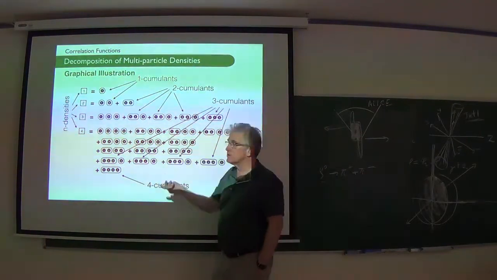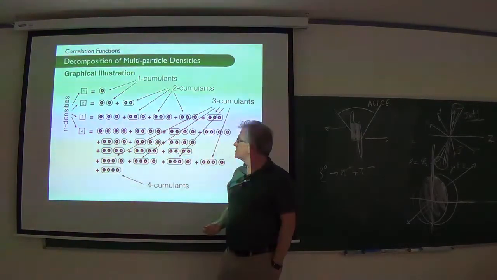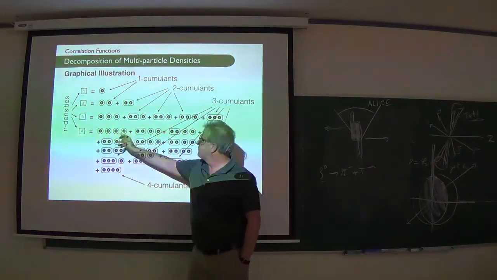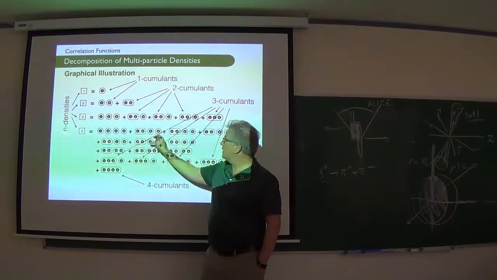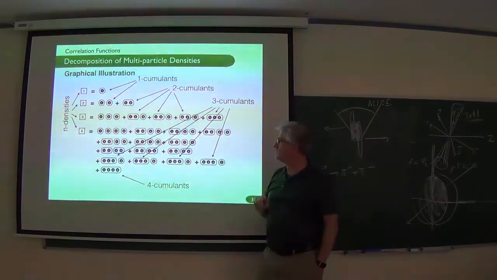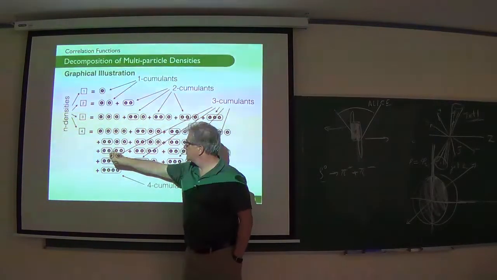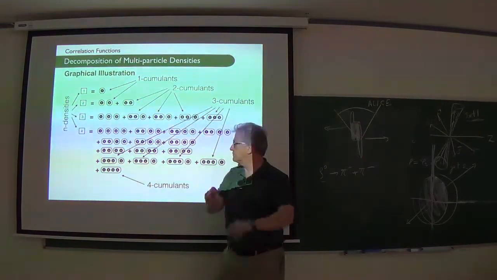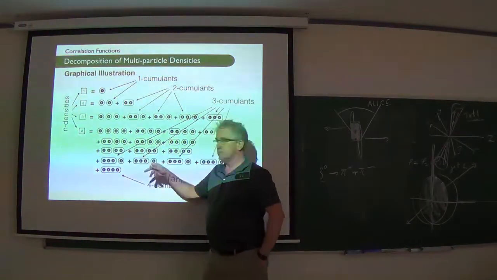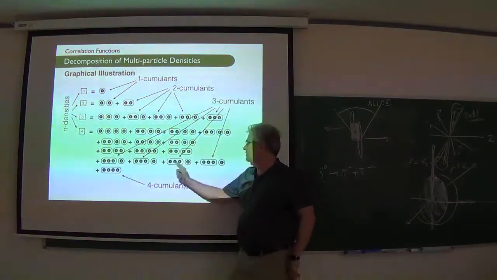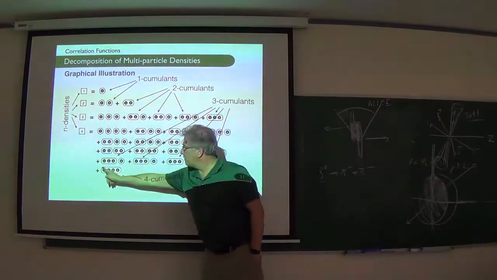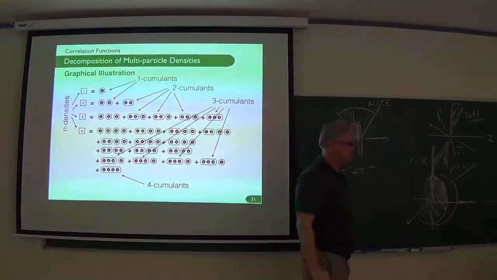Moving up to 4 particles, you can repeat this logic and see that it becomes a little bit more complicated. 4 uncorrelated, 2 in 1, 1, but there are different permutations of doing 2 in 1, 1. And then you have 2 correlated, but you can pair them differently. That's what you have here. And then you have 3 in 1, but you again have different ways of doing this, 4 ways. And then at the end, you have all of them being correlated.